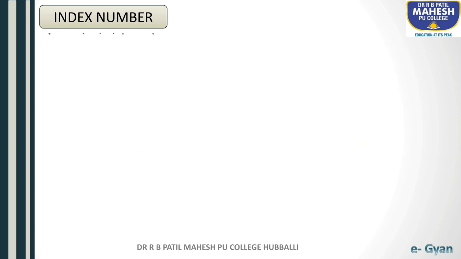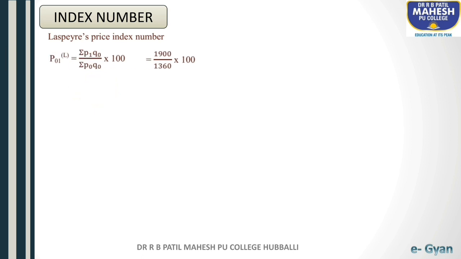First you find out the Laspeyres price index number. The formula is summation P1 Q0 divided by summation P0 Q0 into 100.